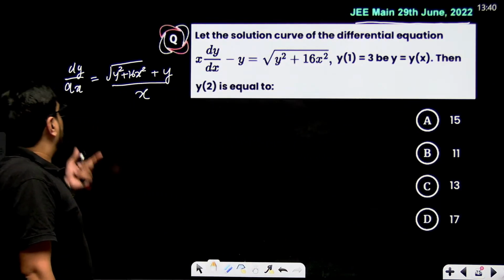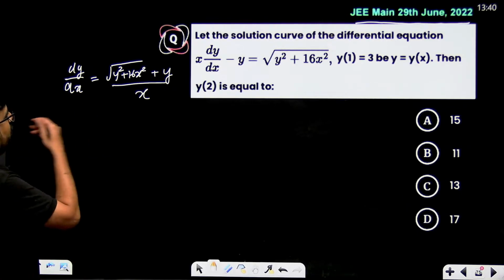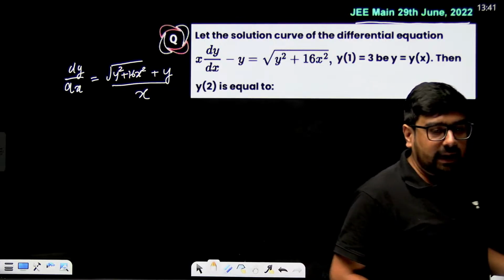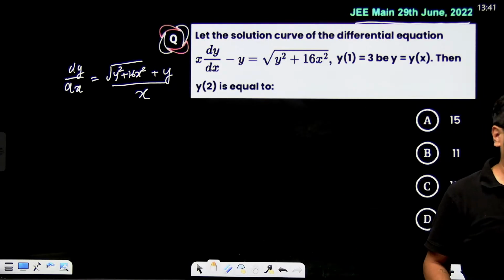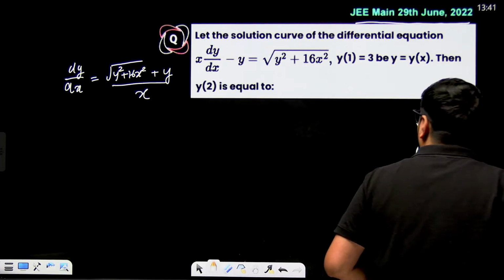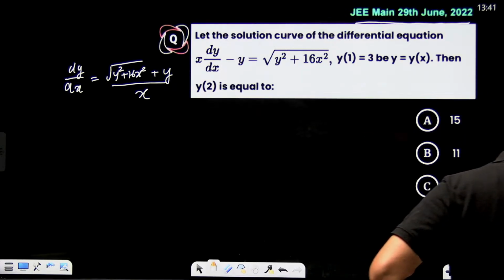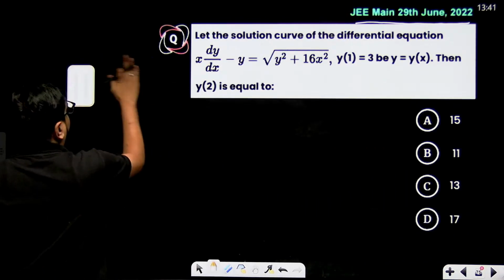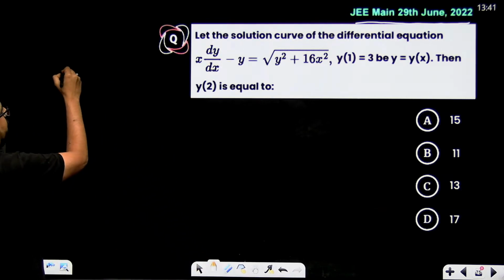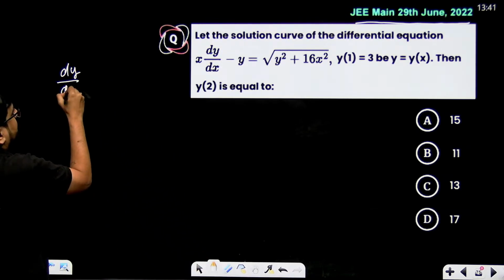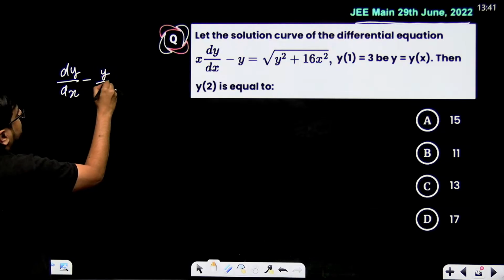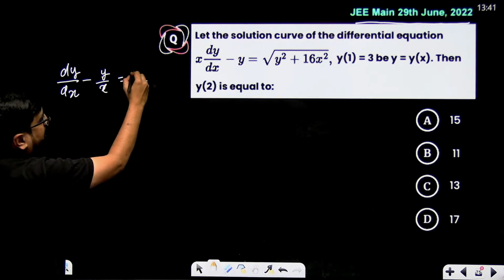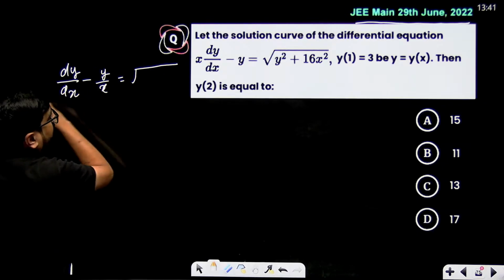There is nothing to do, right? dy by dx is this. So now what will you do? You'll divide by x, right? You'll have to create a y by x function over here. So what will you divide with? One more thing which we can do: dy by dx minus y by x equal to, here divide everything by x.